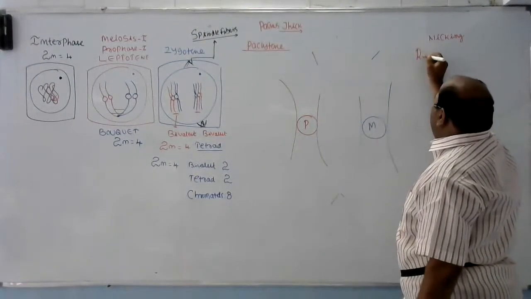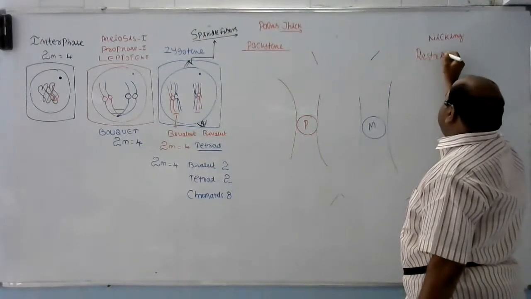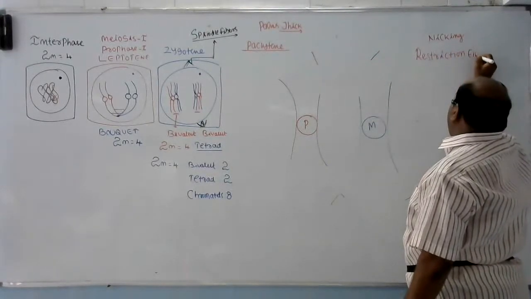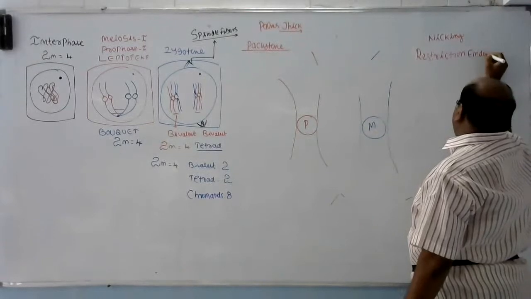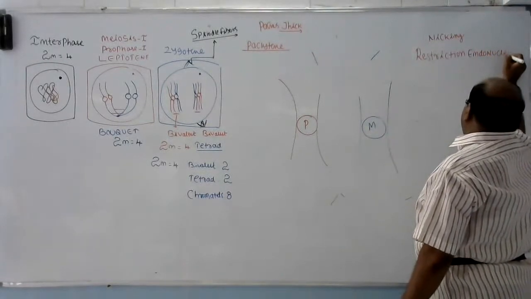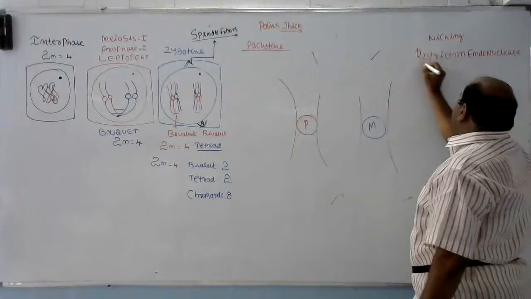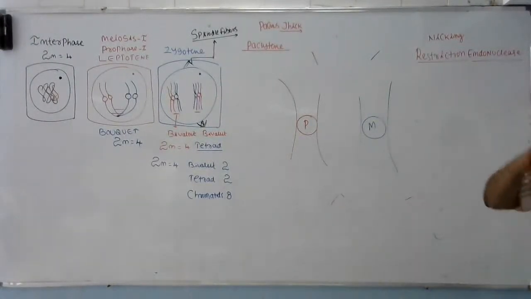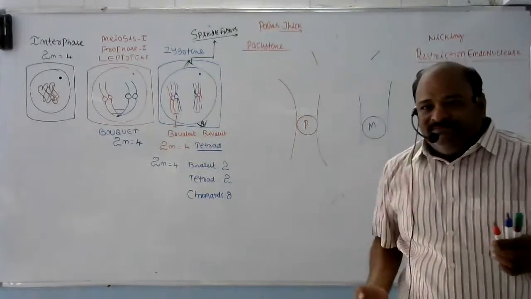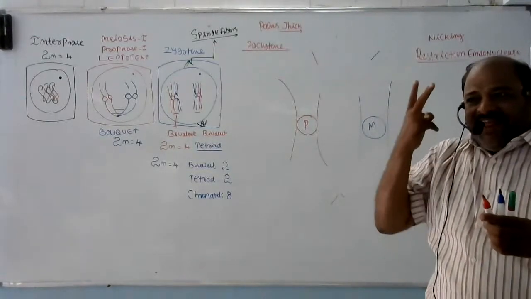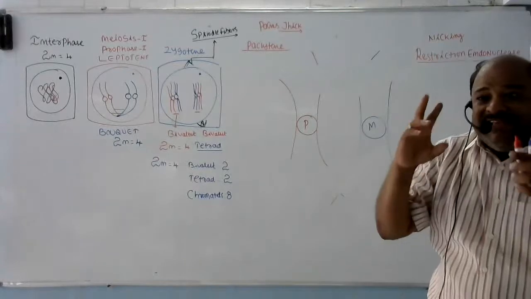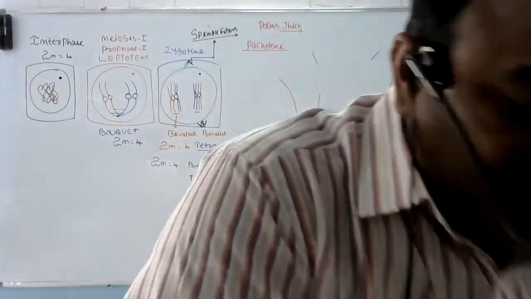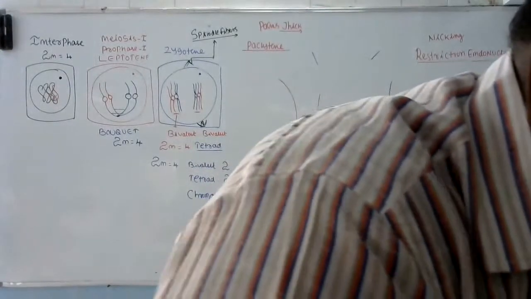Here, you remember, one enzyme is responsible for cutting that DNA part or chromosomal part. The enzyme name is restriction endonuclease enzyme. Restriction endonuclease enzyme cuts the portions of whom?